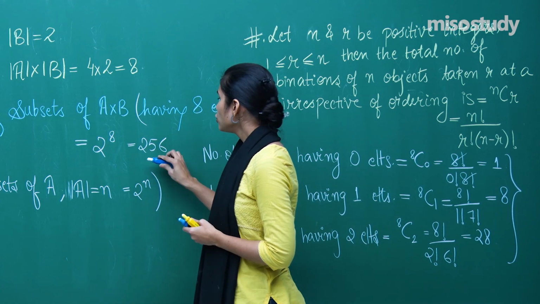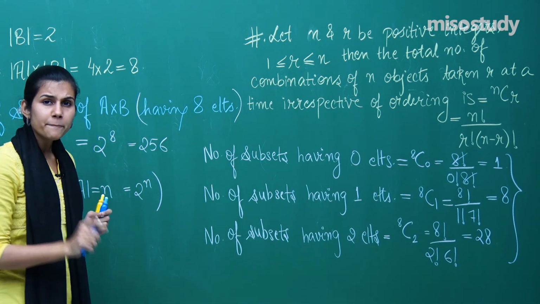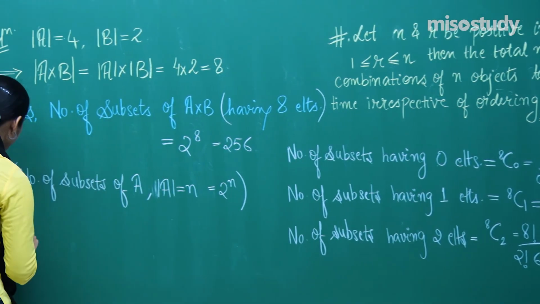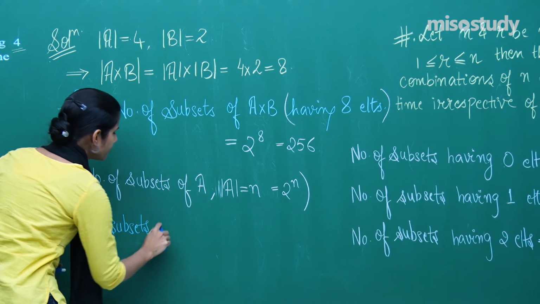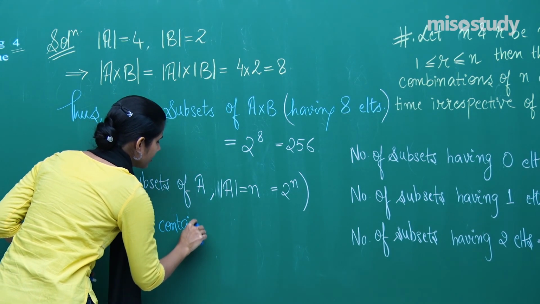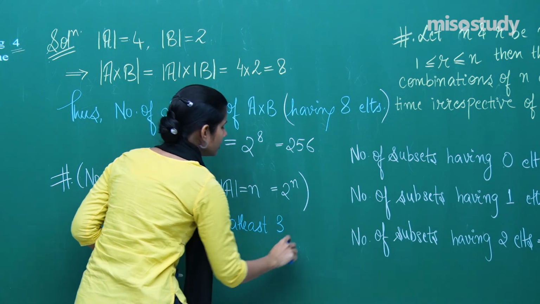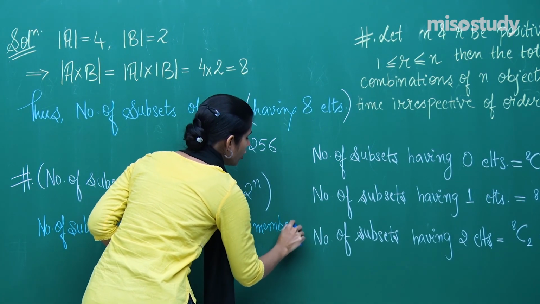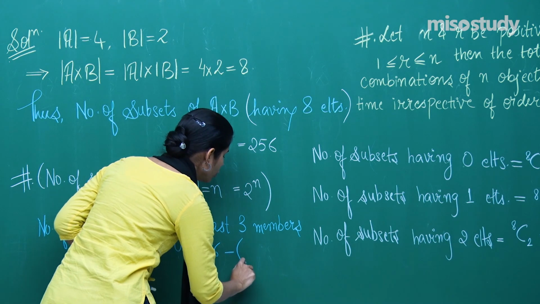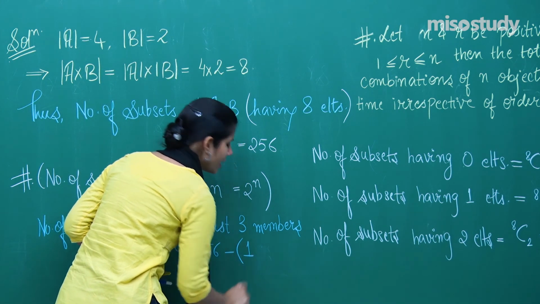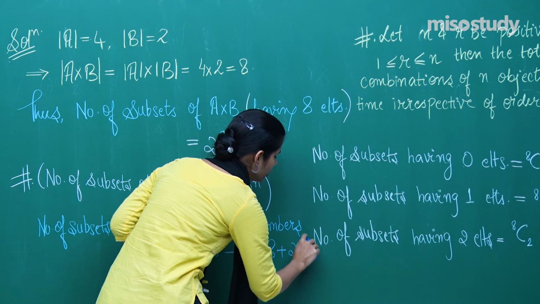So, out of 2 to the power 8, that is 256 subsets, the number of subsets which contain at least 3 members out of the 8 members of A cross B is, out of all the subsets of A cross B, remove the subsets which contain 0 elements, the subsets which contain 1 element, and the subsets which contain 2 elements.